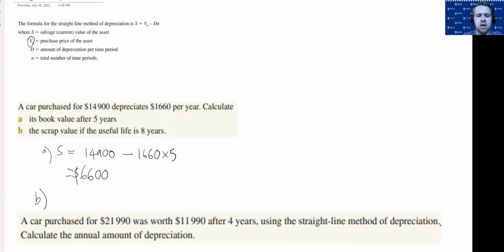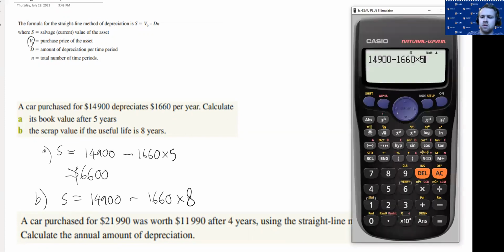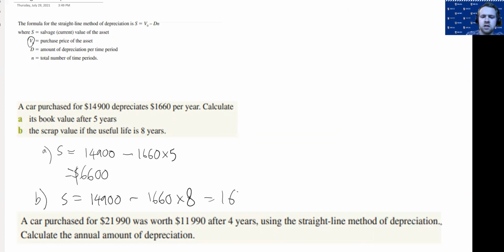How much are those parts worth? So in this instance, the salvage after 8 years, we're just going to simply do the same formula, but times it by 8. And then we just change the value in our calculator to 8, and we'll get $1,620.